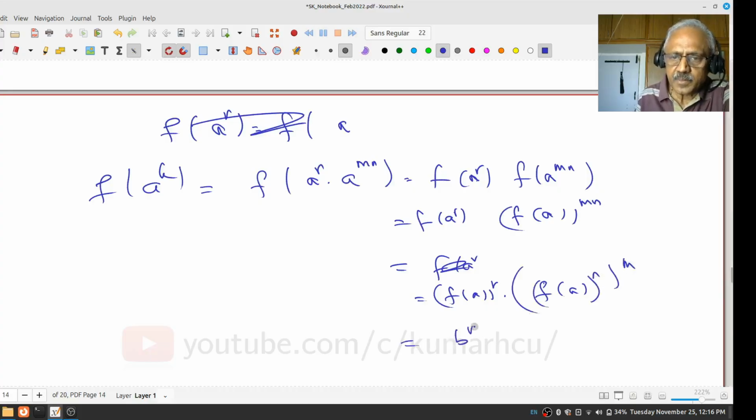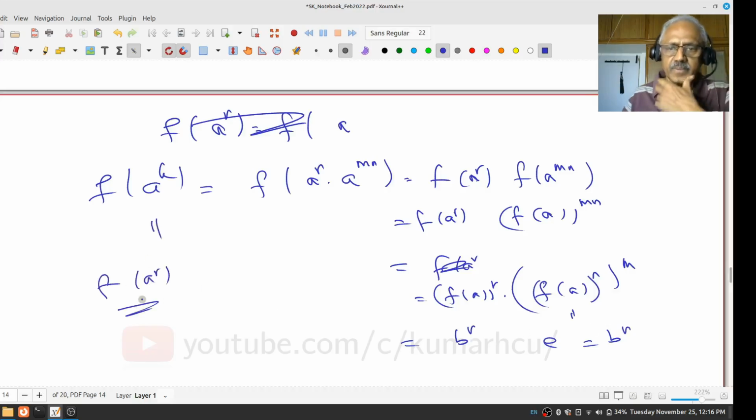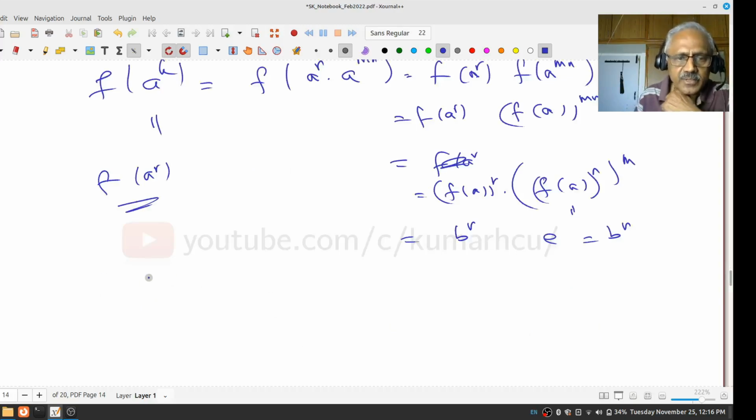But this is b to the power r, this is identity, so it's b to the power r. That is f of a to the power r. Yeah. So I have checked, proved f is well defined.